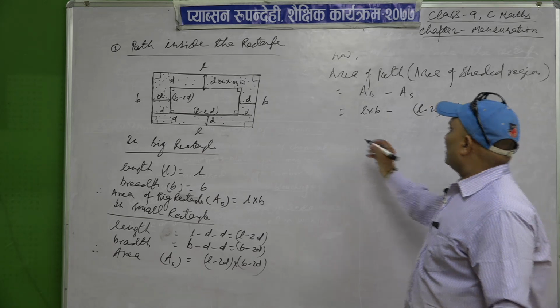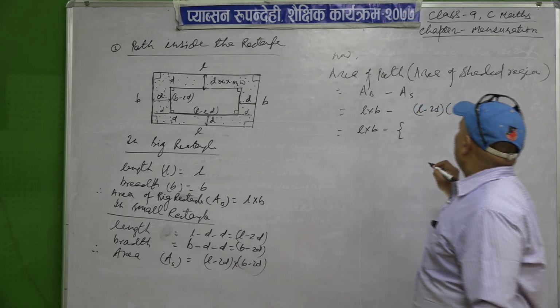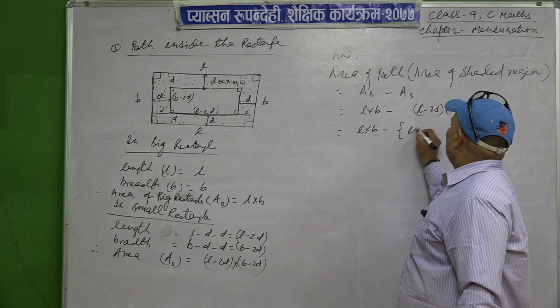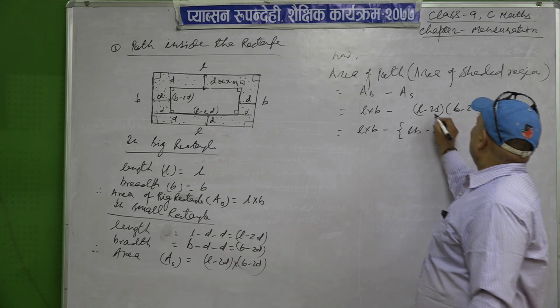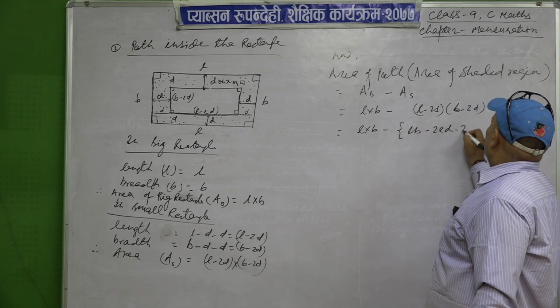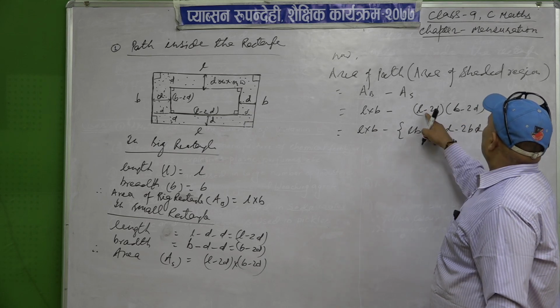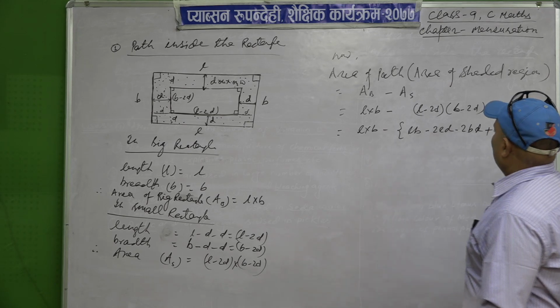So now solve it. L into B means L into B, right here in curly brackets. Now multiply these two brackets, L into B, it will be LB minus 2LD. Then minus 2BD, and minus minus plus 2d into 2d, that is 4d square.